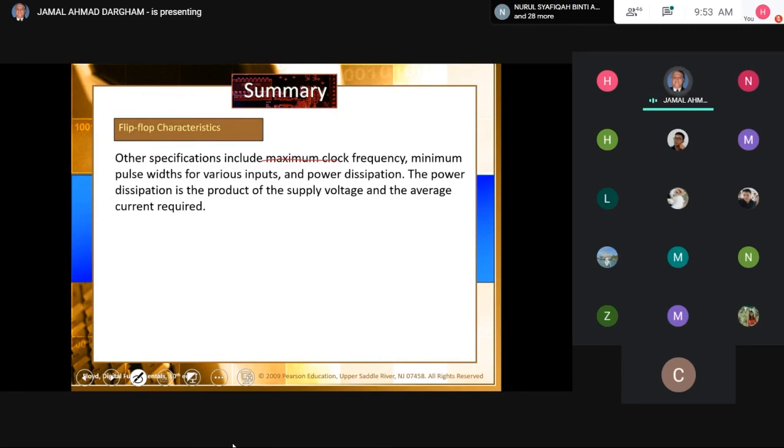Other specification: maximum clock frequency or minimum pulse width are actually very similar, because this one tell you how fast this maximum clock frequency depend on the TPLH and TPHL.